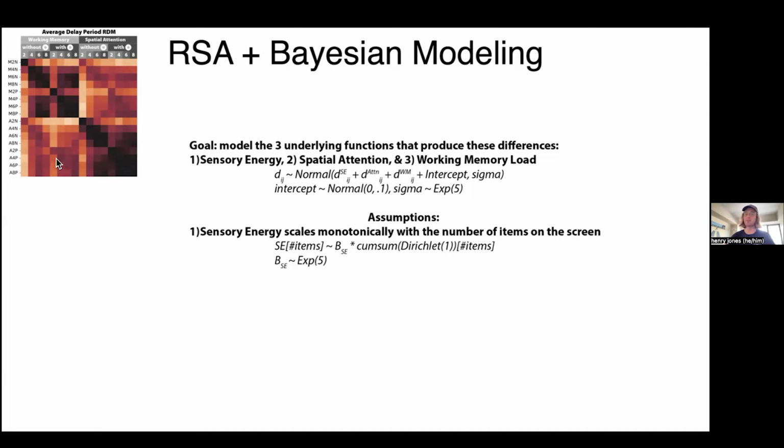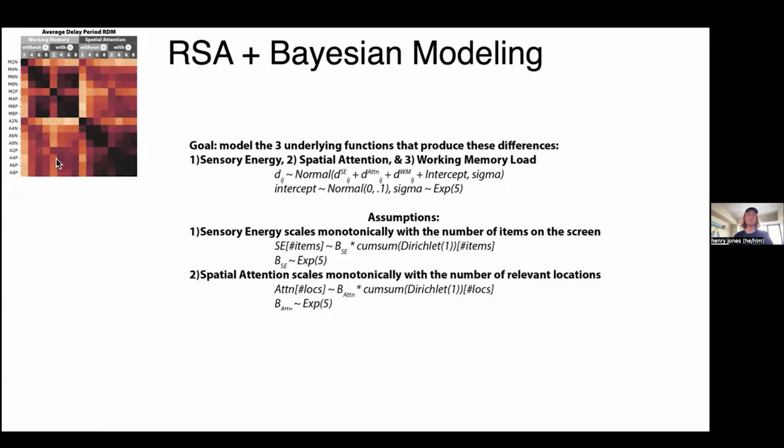It's also the inverse of whether or not you need filtering, so they're just conflated here. And we baked in the general assumption that sensory energy just scales monotonically with the number of items on the screen. We made a similar assumption for spatial attention, that it would also scale monotonically, though it might plateau or it might exponentially increase. But it has a pretty flexible shape here.